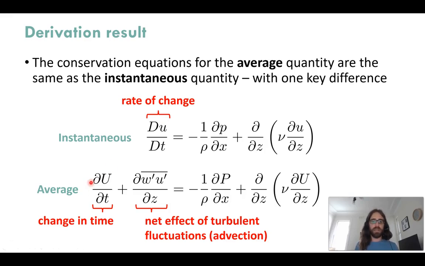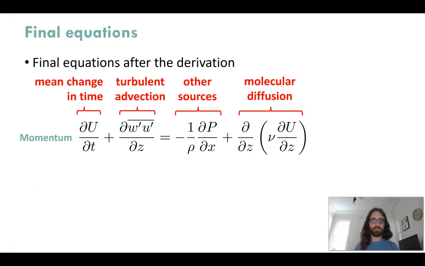The first is how the mean quantity changes in time, and the second is something that captures the net effect of all of the turbulent fluctuations at that point. And this comes from what is known as an advection term, and it represents how the individual turbulent eddies are carrying different properties of the flow across our mixing plane.